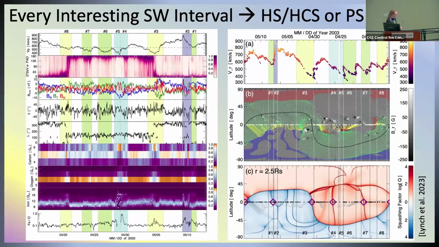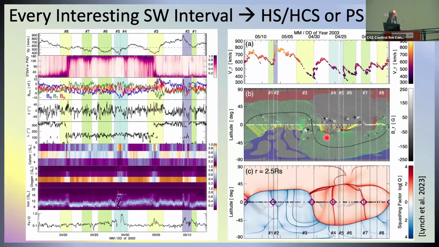But basically, if you do the exercise of heliospheric back mapping and you look at what the coronal magnetic field source region is for, say, this Carrington rotation worth of solar wind, you find that basically every period of slow wind, and I've highlighted them in yellow and green and blue here, is either associated with the current sheet crossing at the helmet streamer, or are basically these pseudostreamer arcs in the Q-map.